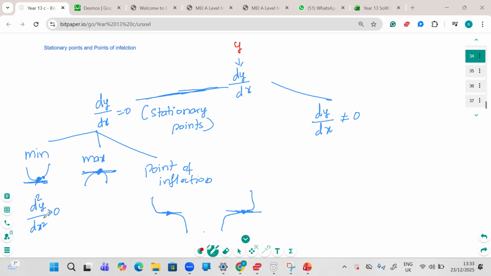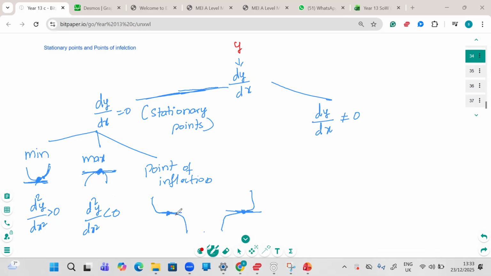So the next point is going up, meaning this is a minimum point. If the gradient at the point immediately next to the stationary point is less than zero, meaning it is going down, it is a maximum point.